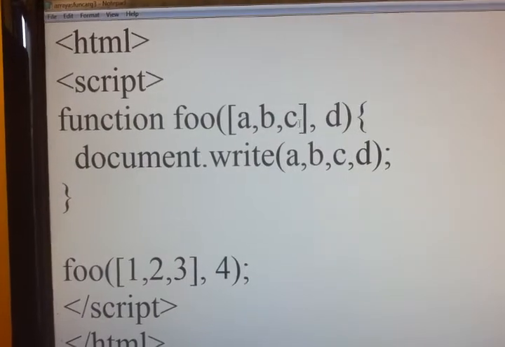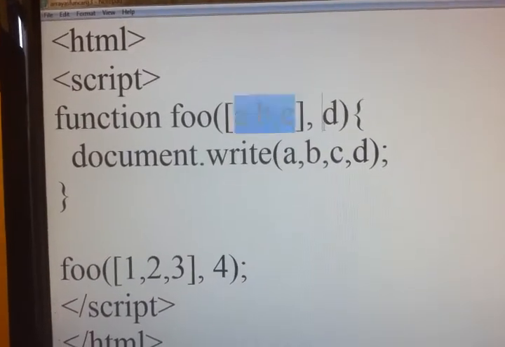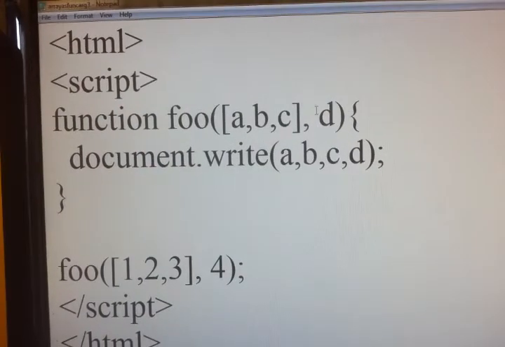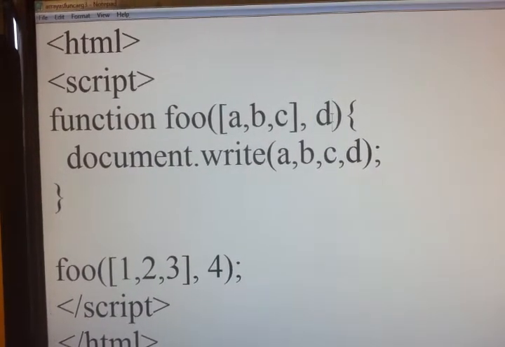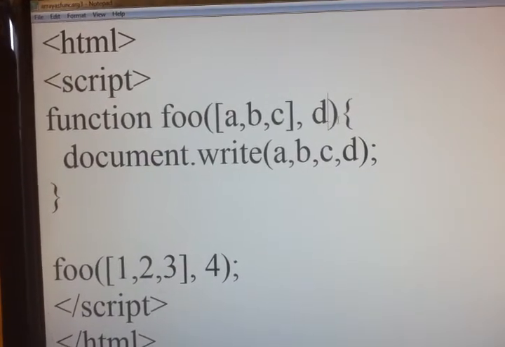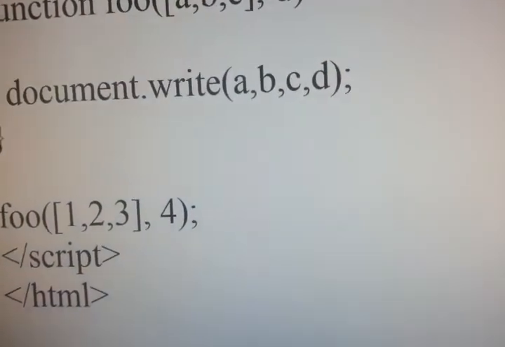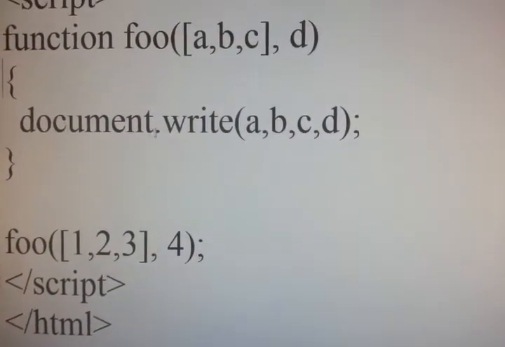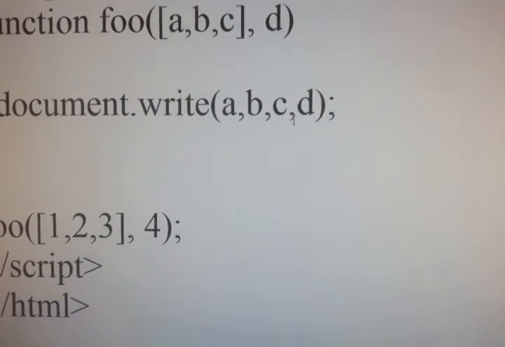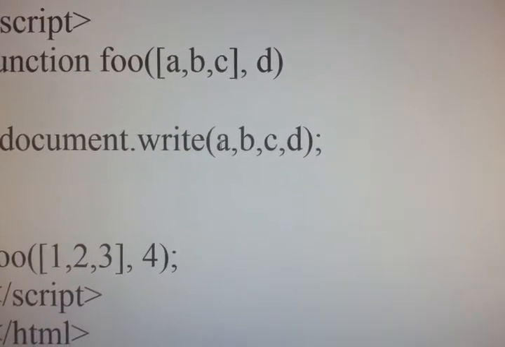In this array we have 3 items. Then the second parameter or argument is another variable I have passed, a normal variable. Then in the function, what we have written is document.write of A, B, C, D. So we are printing A, B, C, D.